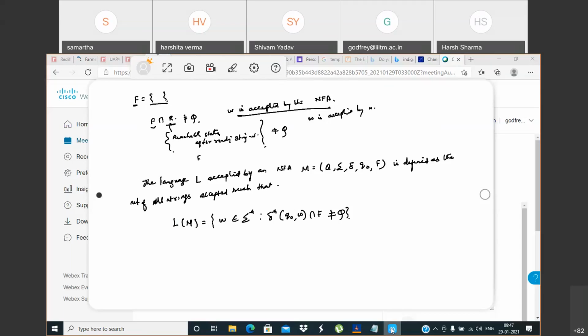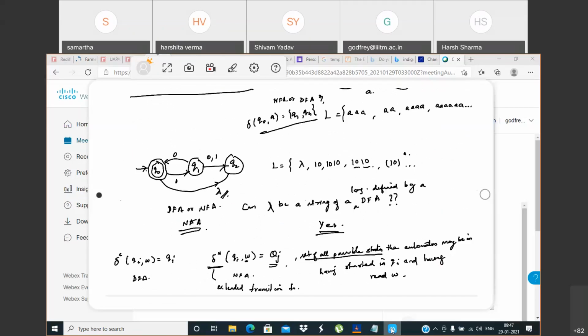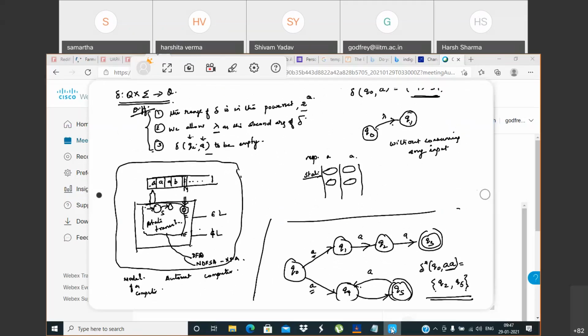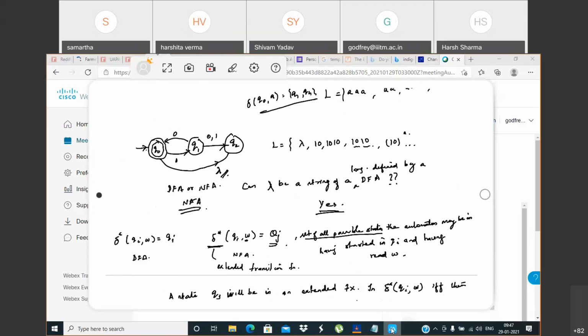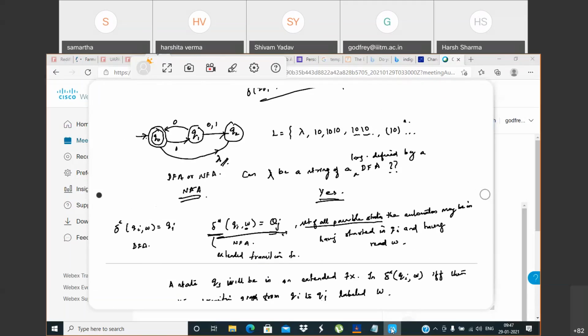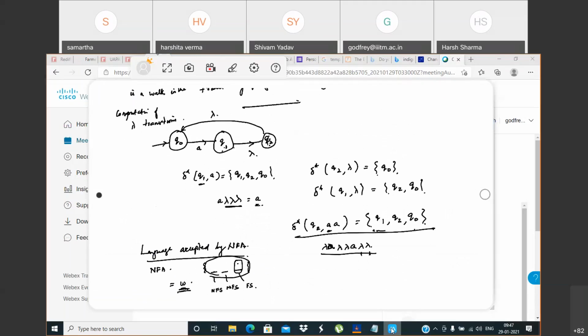right? So we say that this language is going to have a set of strings W that belongs to sigma star such that you have an extended transition from Q naught, right? And this is going to give you, we saw, Qj, right? So in the earlier definition, with respect to NFA, you are going to have capital Qj, right?